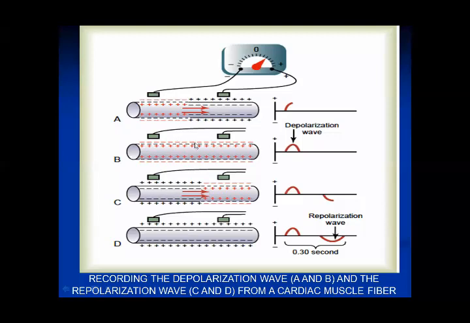Now, if the negative electrode is placed in the negative field and the positive electrode is also placed in the negative field, that means there is no difference in polarity, because the polarity on the whole membrane, outside the membrane, is negative. So there is no difference in polarity.